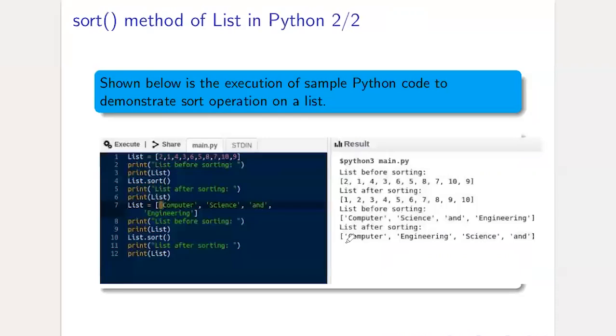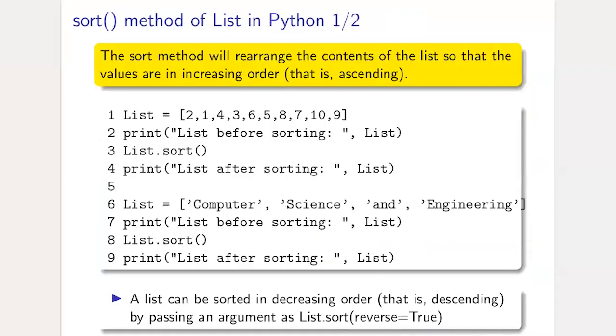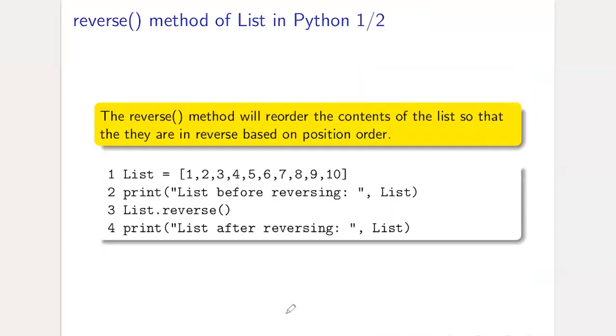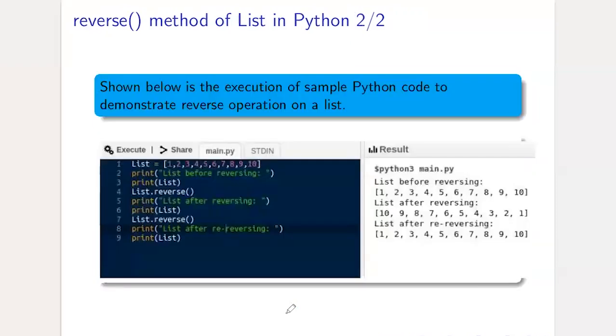So if you look at the reverse method, it is essentially this method. Okay. Sorting in the reverse order. And yeah, so you can check this by reversing the reversed one. You should get the original list. Okay.